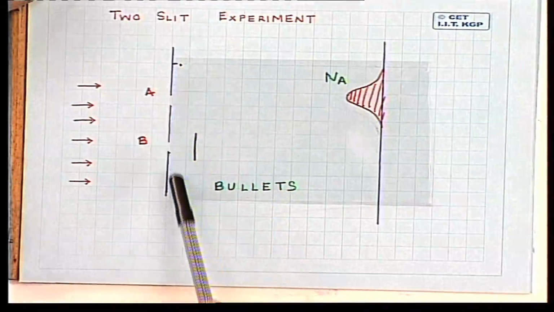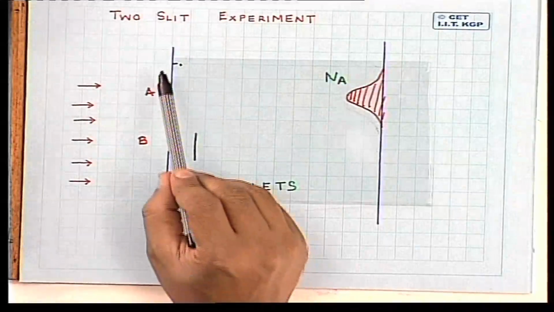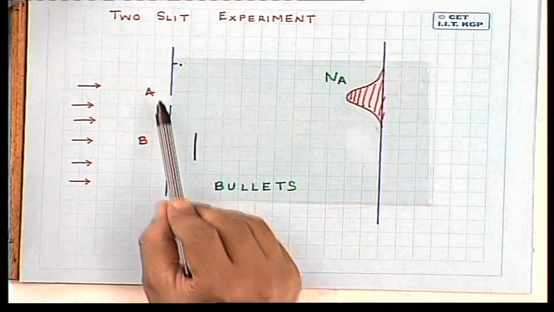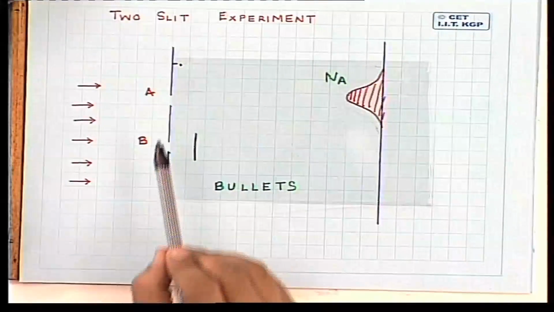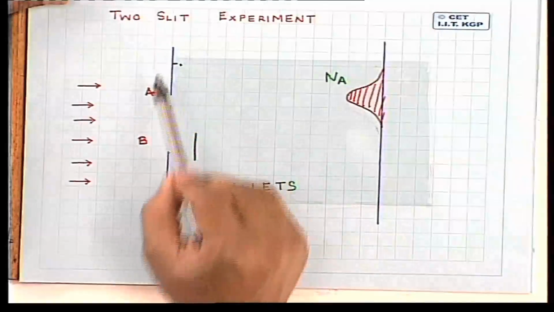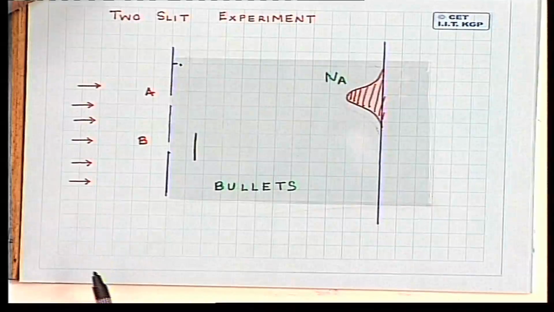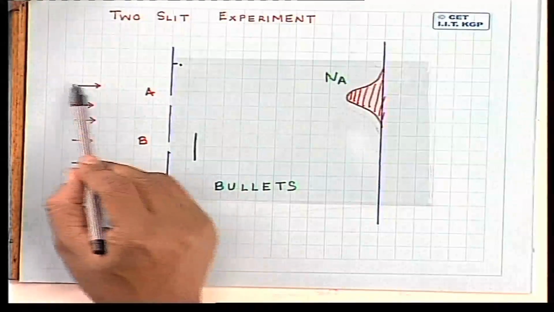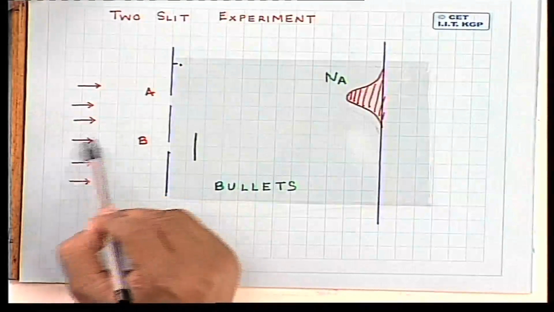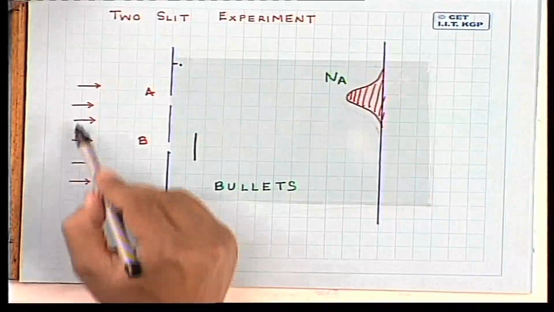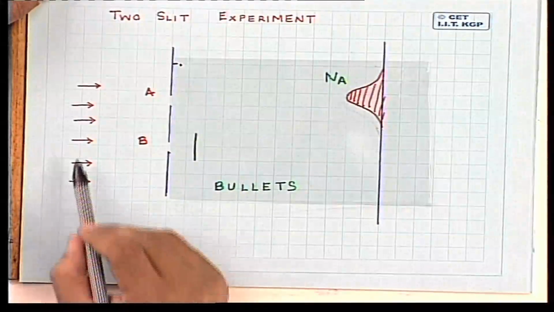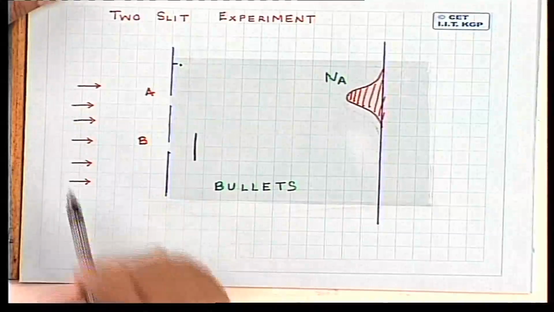There is a screen over here, and in this screen we have two slits, slit A and slit B. The rest of the screen is opaque. On this screen, we are shooting some particles from the left hand side. A uniform beam of particles is incident from the left hand side.